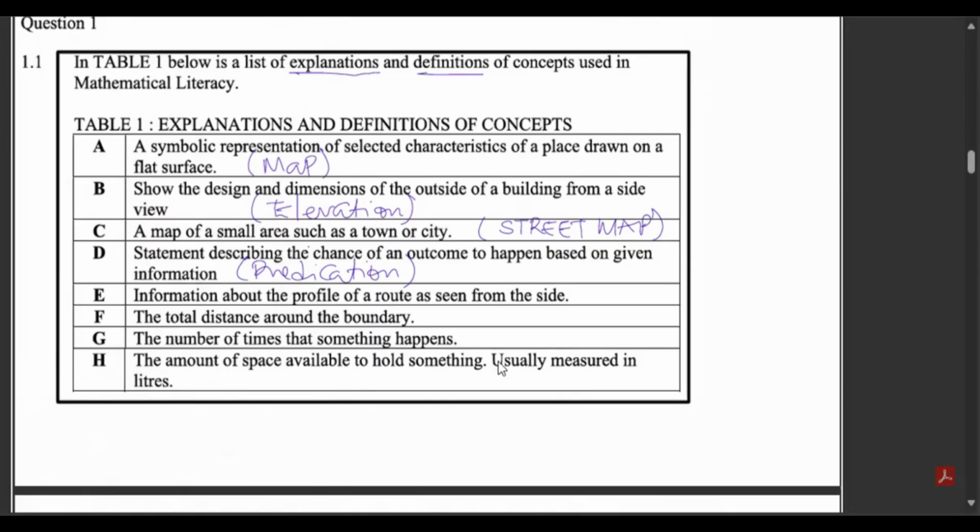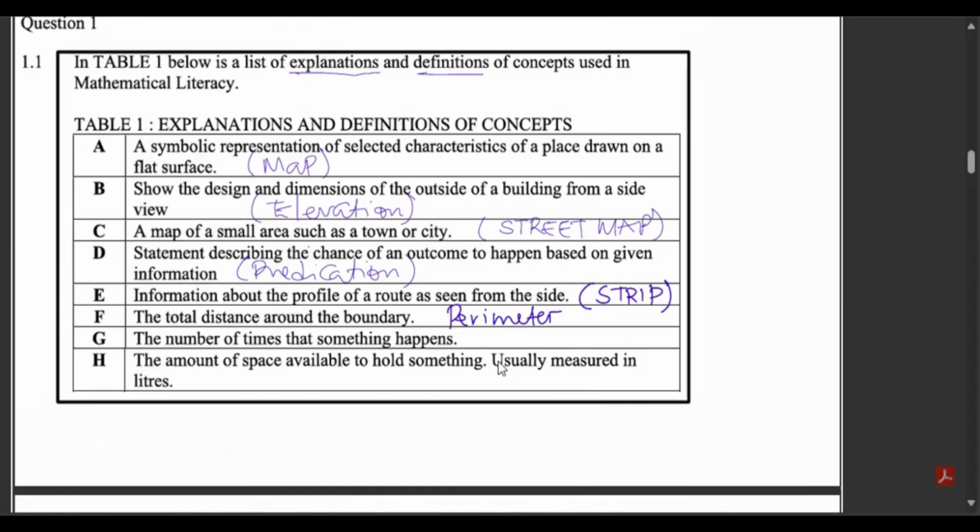Information about the profile of a route as seen from the side. Yeah, this is what we call the strip map. Okay, the total distance around the boundary. This could be circumference or what?